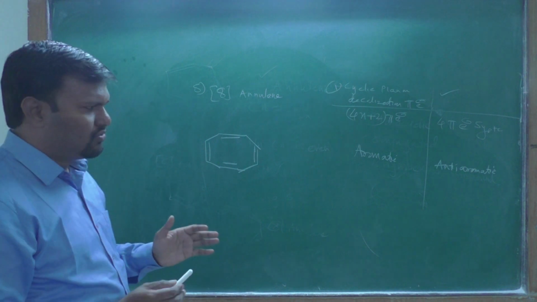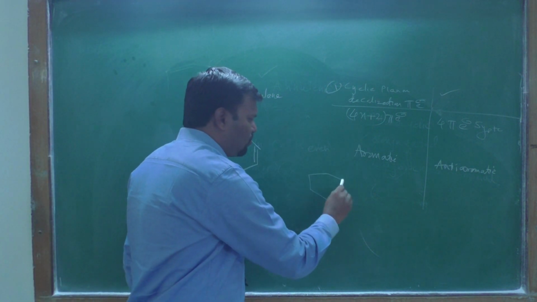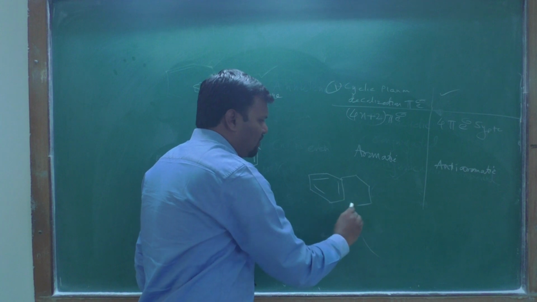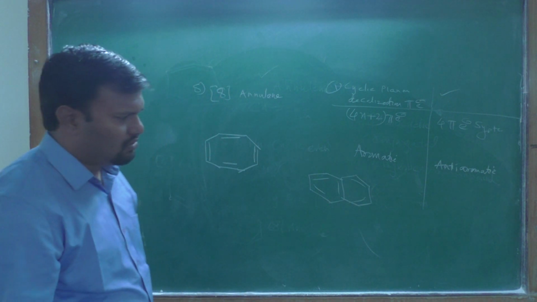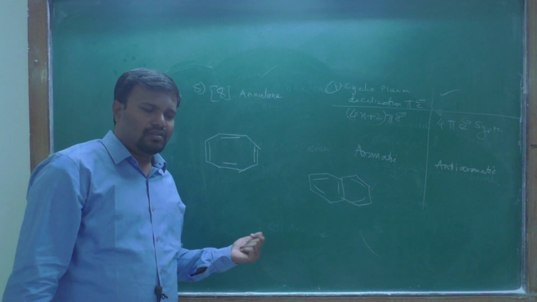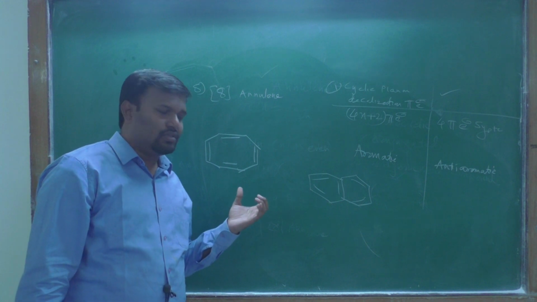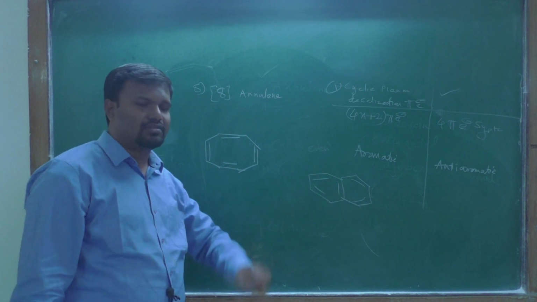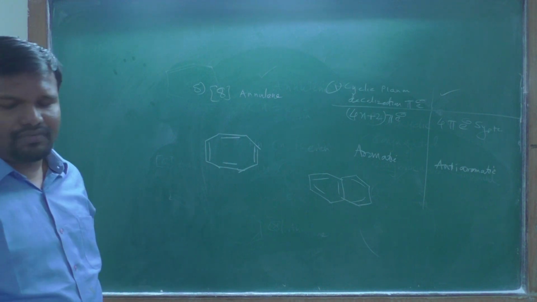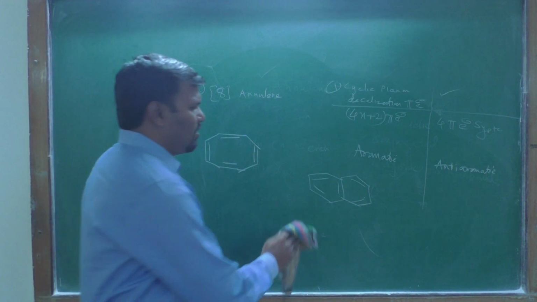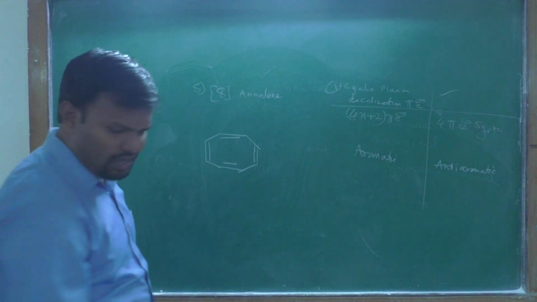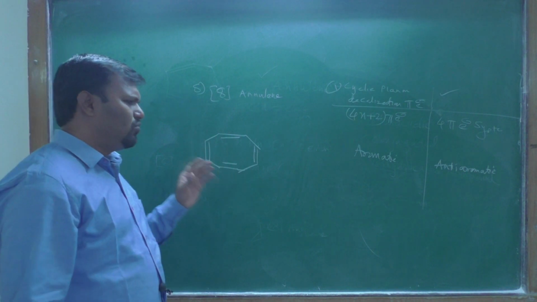When you see naphthalene, there are 2 rings, therefore naphthalene does not come under monocyclic compounds. It is a bicyclic compound, 2 rings are fused there. Your annulene is the monocyclic compound.